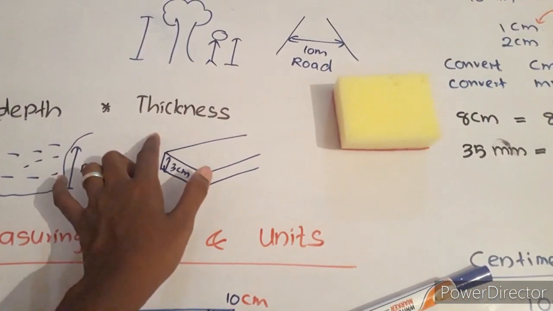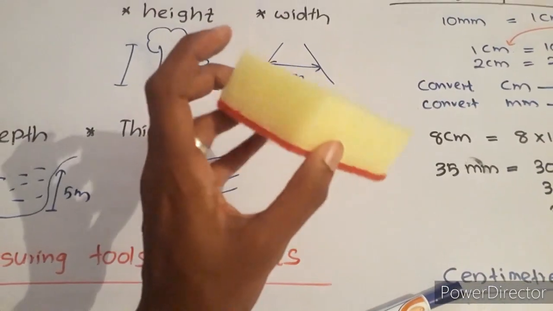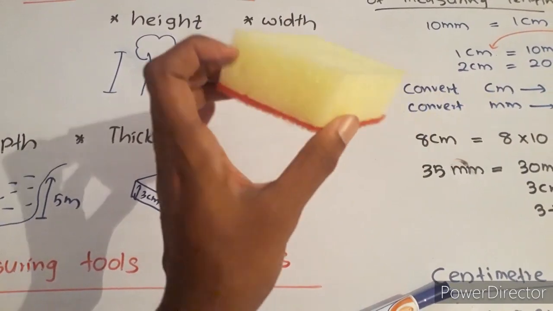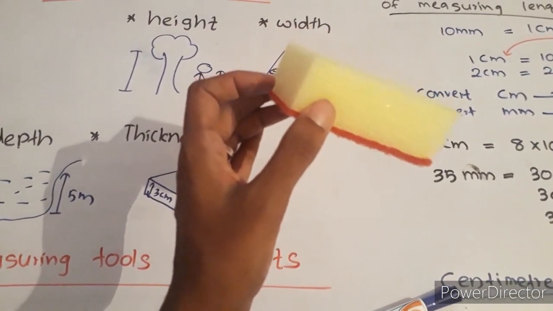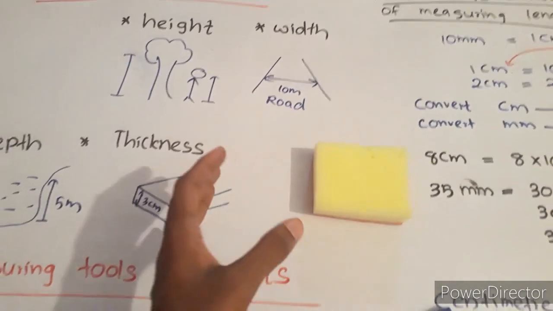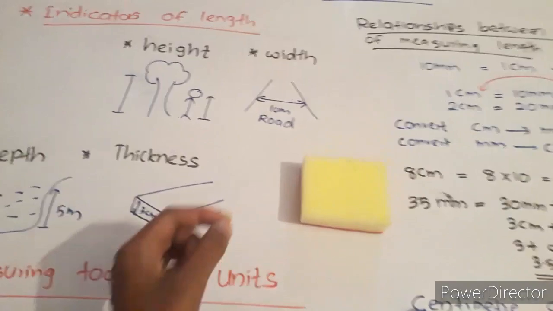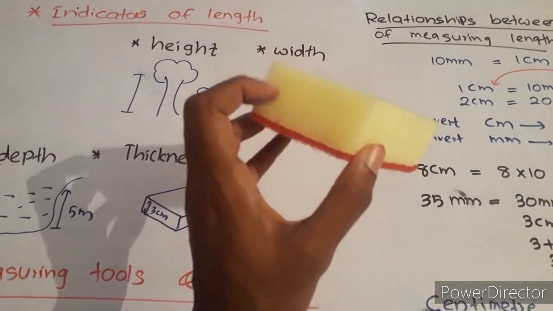Then thickness. What is thickness? If I show this one, we call from here to here thickness. This part we take as the thickness. A paper has very little thickness. This one has thickness more than the paper.